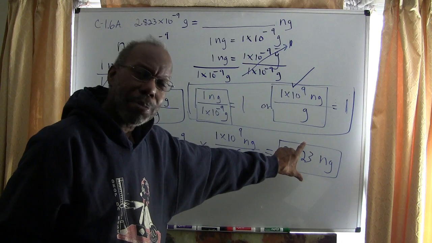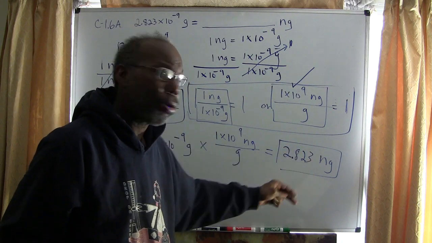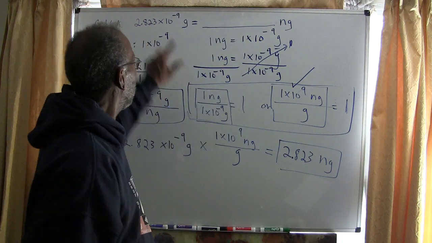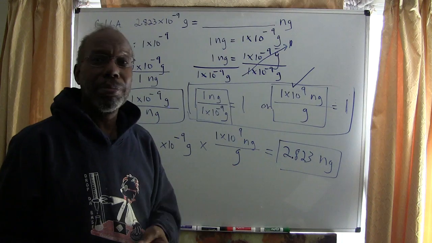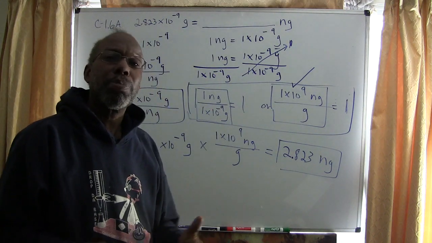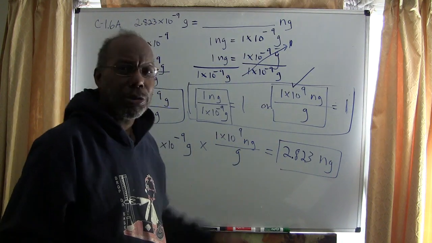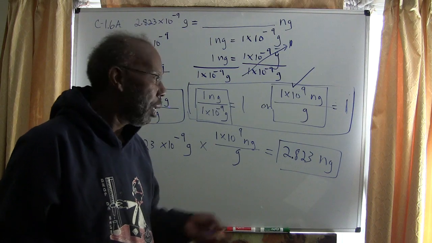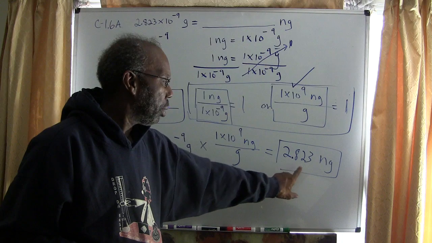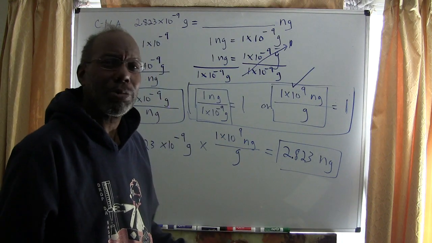This is probably the better way to report this quantity, but they're all the same. This is the same quantity as that quantity, only expressed in different metric prefixes. If I were writing a paper, I would certainly prefer to report that mass as 2.823 nanograms. It's more convenient and a lot easier to read.